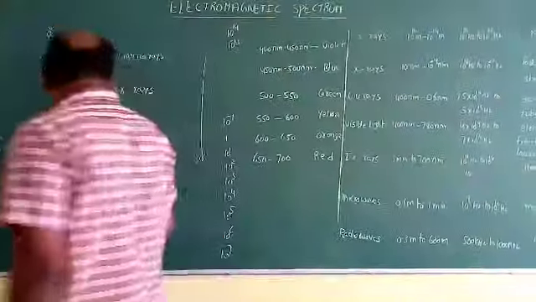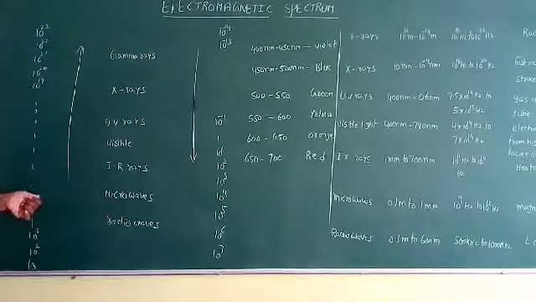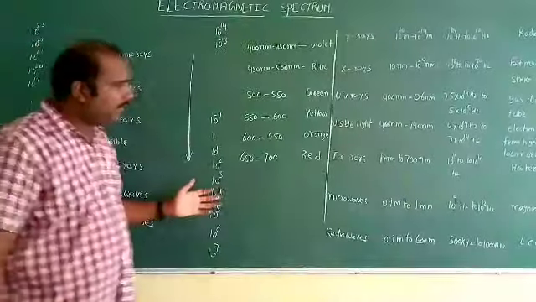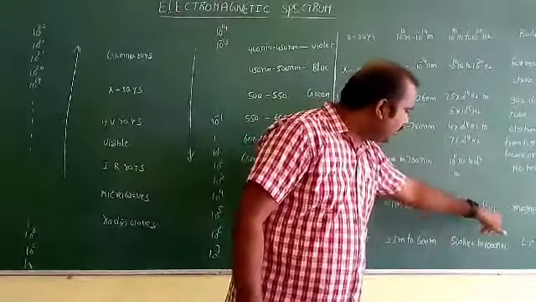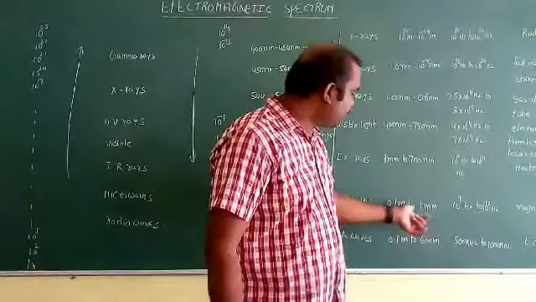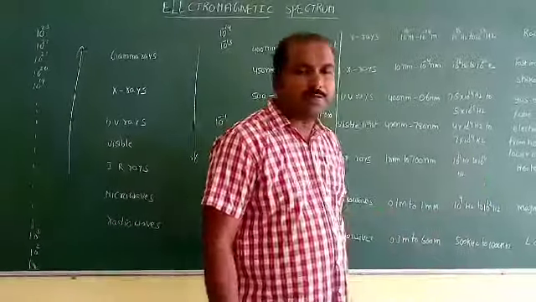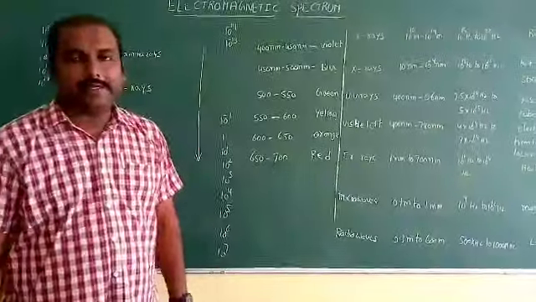And next category is microwaves. See here, the frequency is decreasing, but the wavelength is increasing. The microwave frequency range is 10^9 Hz to 10^12 Hz, and its wavelength range is 0.1 meters to 1 millimeter. It can be produced by using a magnetron, and it was discovered by Marconi.